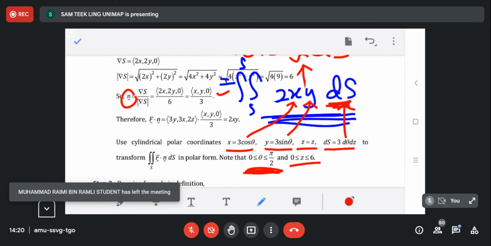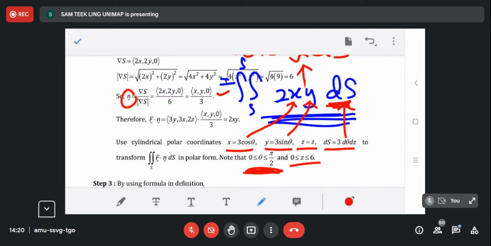Only your theta will change after you apply polar form.